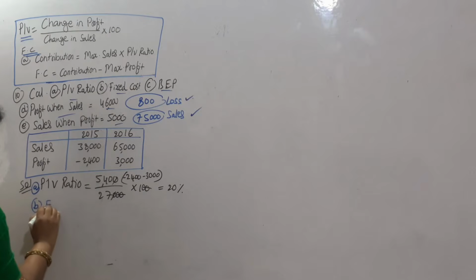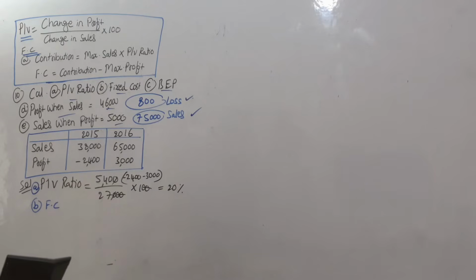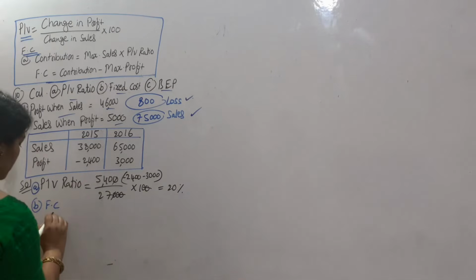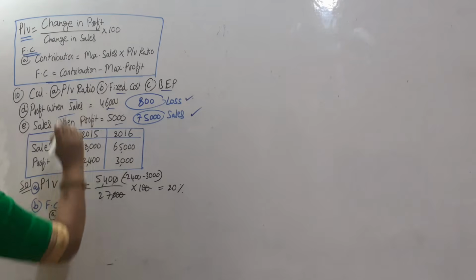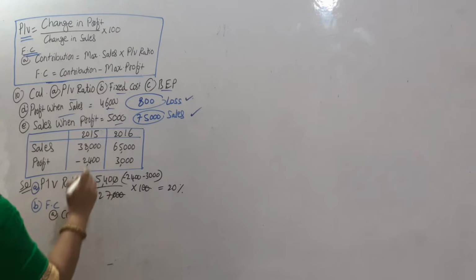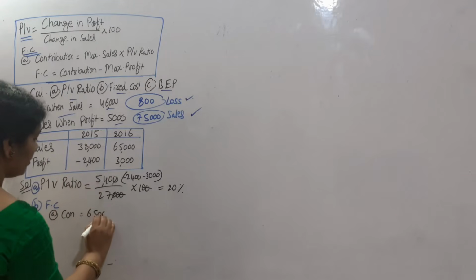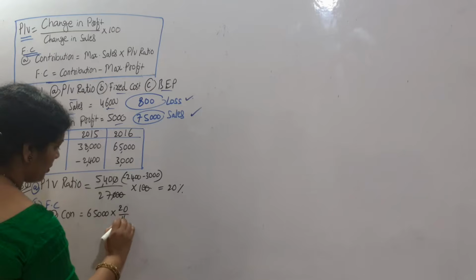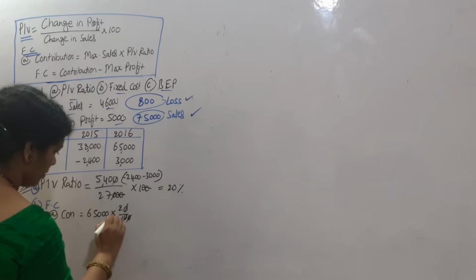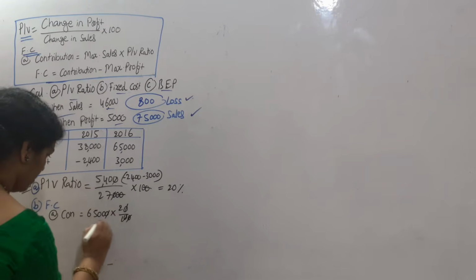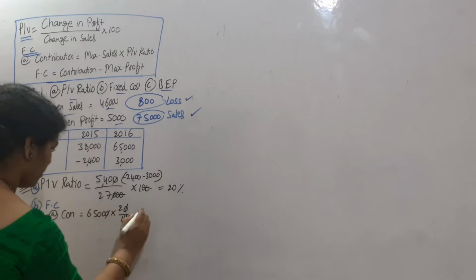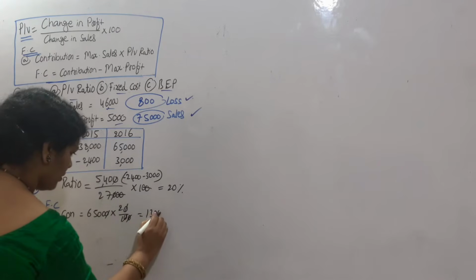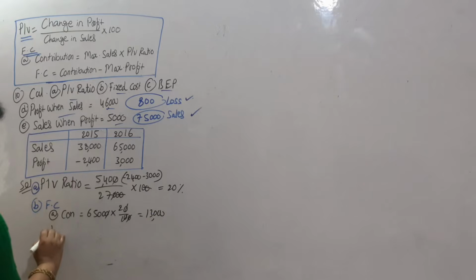Next, fixed cost we want to find out. To get the fixed cost, first contribution is equal to maximum sales into PV ratio. Maximum sales means 65,000 into PV ratio, which is 20%. So this is 13,000.